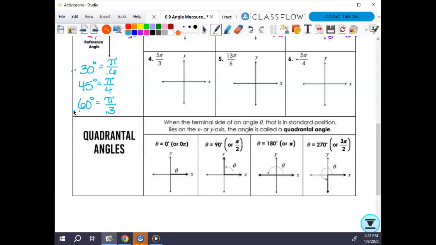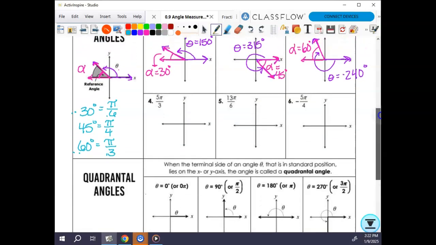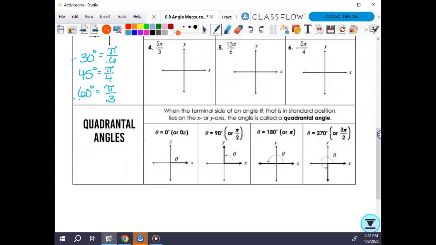Okay, so let's get our 5 pi thirds graphed. And we're going to think fractionally again, right? But we're not going to write as much as we did before, because hopefully we don't need to, but we're going to start here. Okay. As I rotate around, if I'm thinking in thirds, because it's 5 pi thirds, this would be 3 pi thirds.